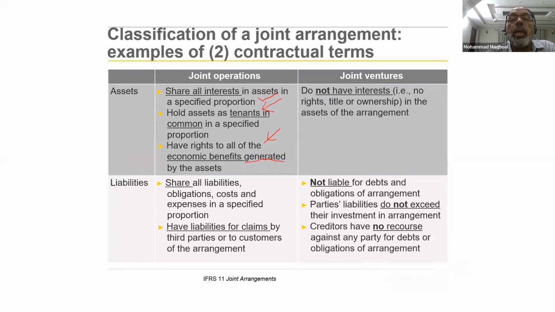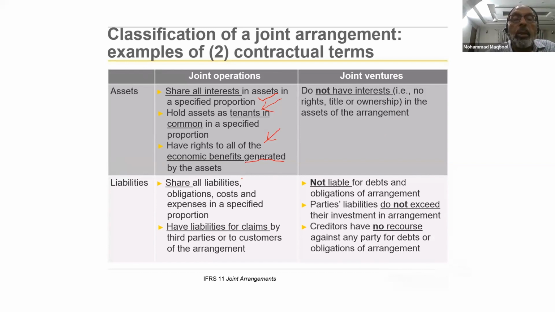On the other side, in a joint venture, the investors do not have an interest in the assets of the arrangement. They don't have 20% of land and 30% of building and 10% of vehicles. They have their share in the net asset.